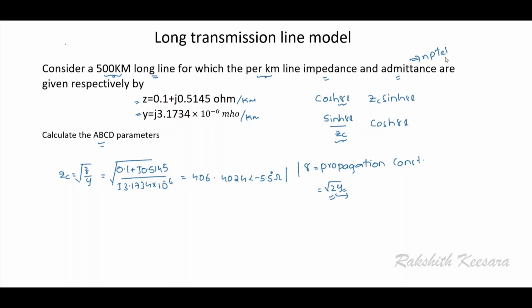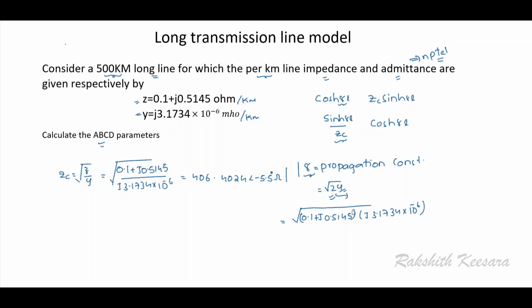You can check there. Next, if you want to calculate the propagation constant, this will be equal to root over 0.1 plus j 0.5145 into j 3.1734 into 10 power minus 6.